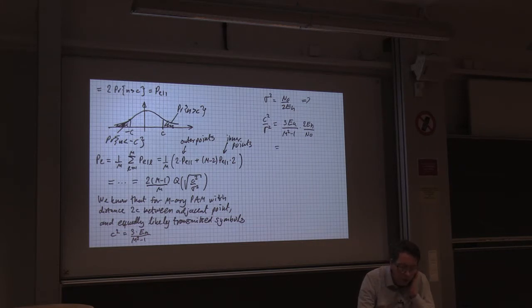And this is equal to 6 times EA times EH divided by m squared minus 1 times N naught.